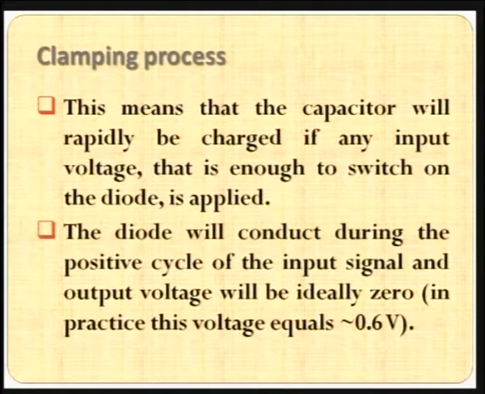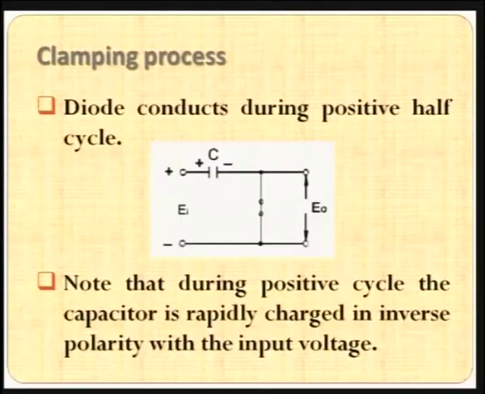At this point, we need to mention that when the diode conducts current, there will be a potential drop across the diode. That potential drop will be very small, because the diode is conducting and does not offer much resistance. So, ideally the voltage would be some 0.6 volt, comparatively very small. When we say comparatively, it is compared with the input voltage. The diode conducts during the positive half cycle.